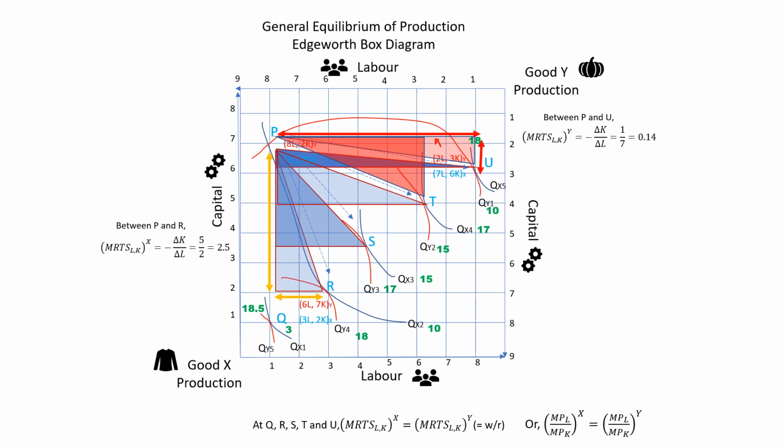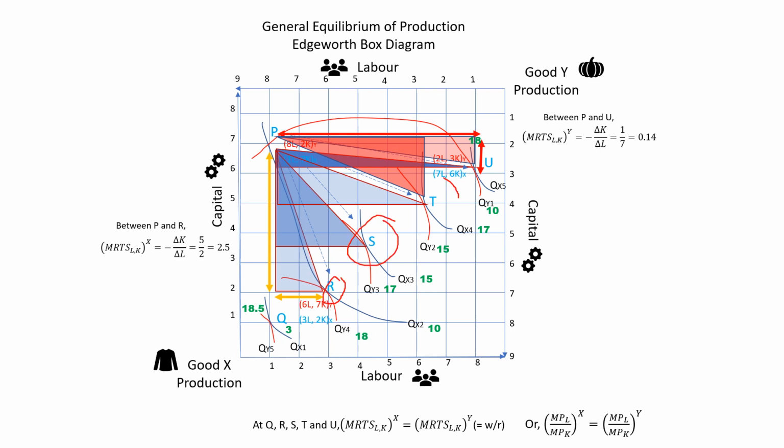So it really depends on the extent to which the producer of food or the producer of clothing can bargain among themselves about the redistribution of labor and capital, and any of these equilibria are possible.